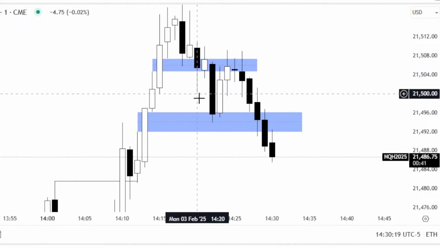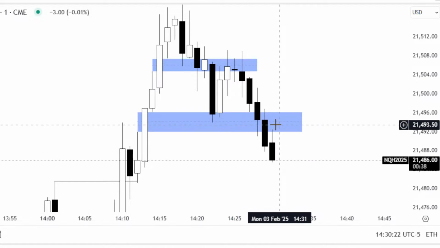Inversion, not A plus inversion, but there's a retest. Be nice if we get to that 50%.